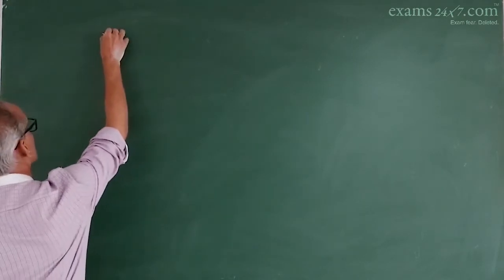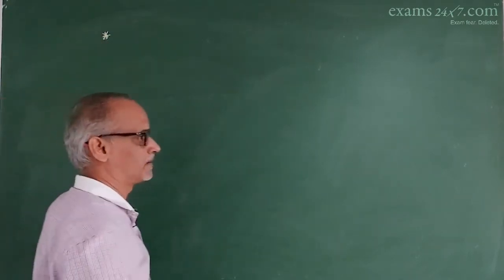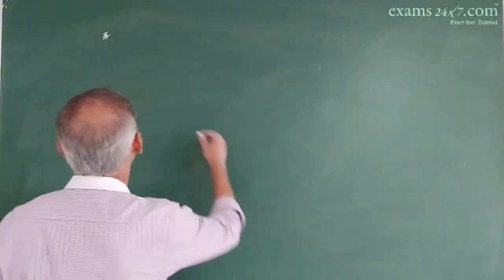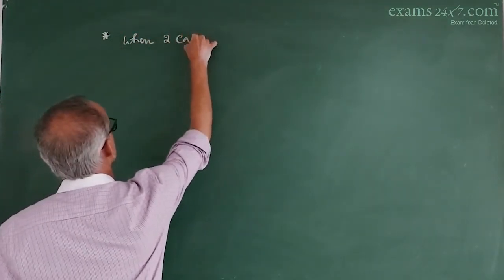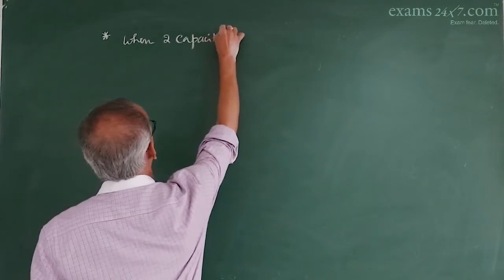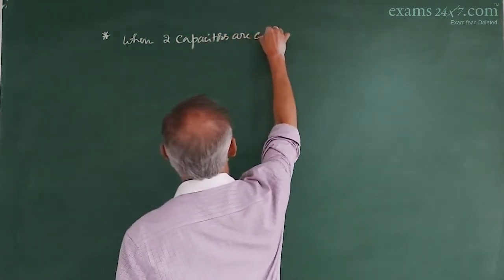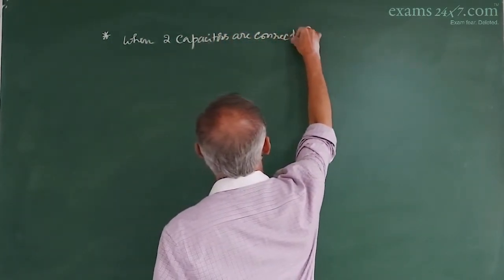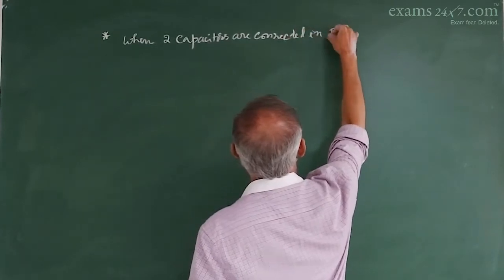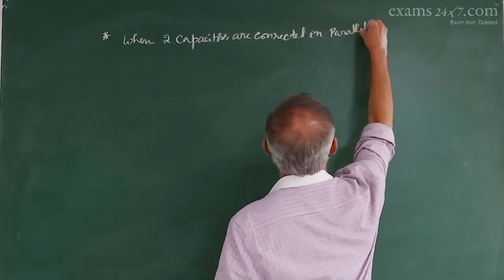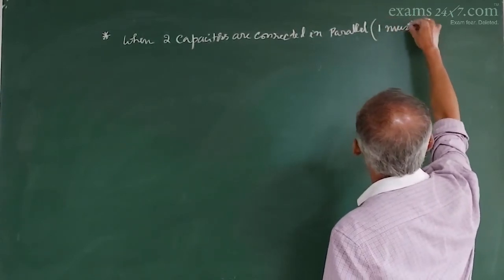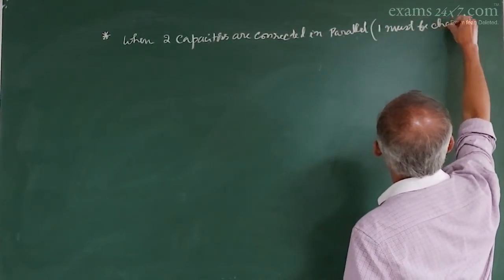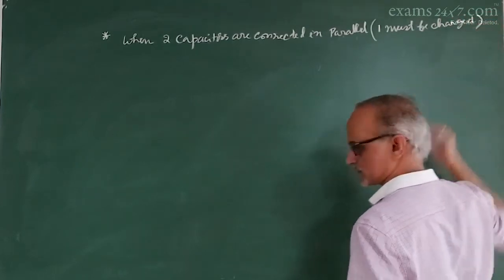Now we are going to analyze one more important special case, when two capacitors are connected in parallel, and the condition is that at least one out of the two must be charged.